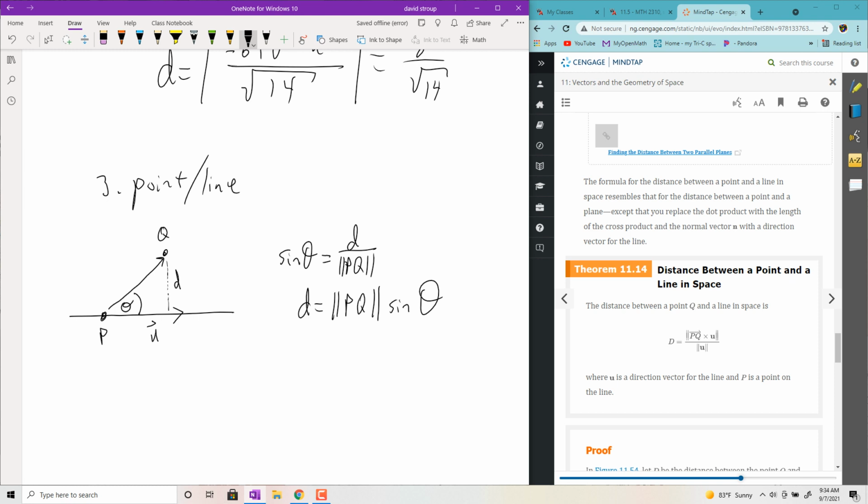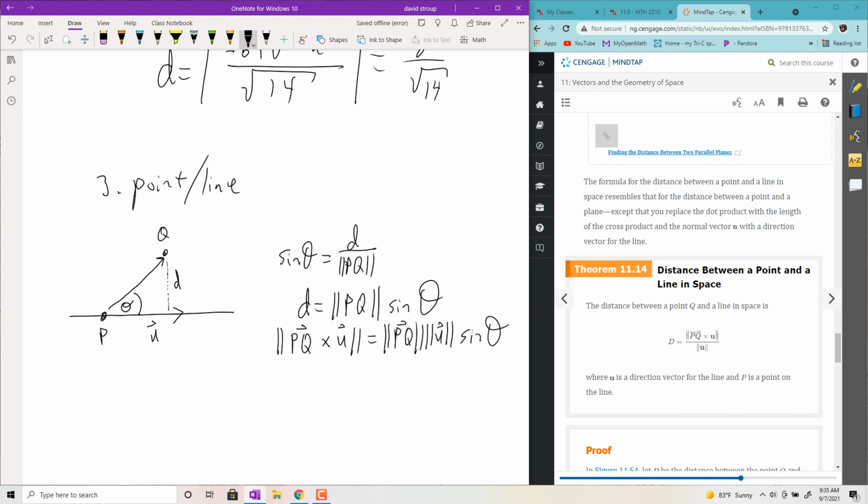This, you may or may not remember, is similar to the dot product formula, but with cross products, right? So remember the magnitude of the cross product of PQ and u equals the magnitude of PQ times the magnitude of u times sine theta.